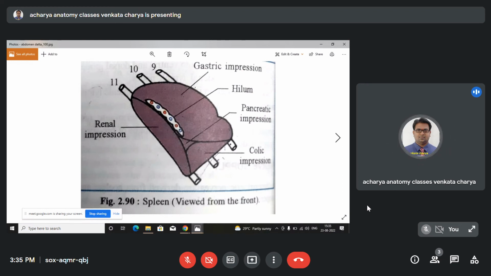The splenic artery is a branch of the celiac trunk, which we discussed earlier. The celiac trunk is a branch of the anterior branch of the abdominal aorta.